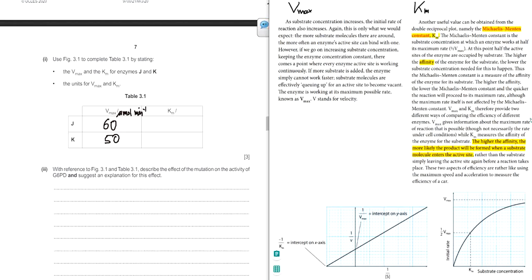These two aspects of efficiency are rather like using the maximum speed and acceleration to measure the efficiency of a car. So in this case, maximum speed would be Vmax and the acceleration would be Km.